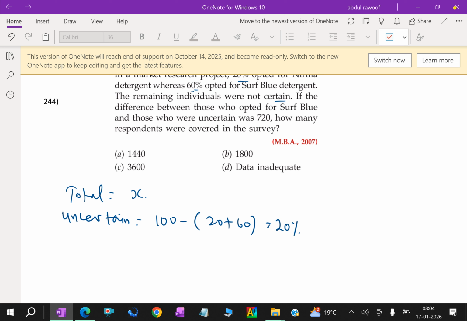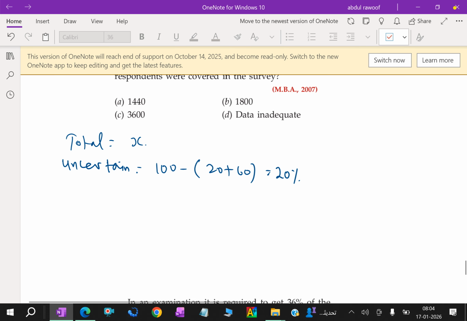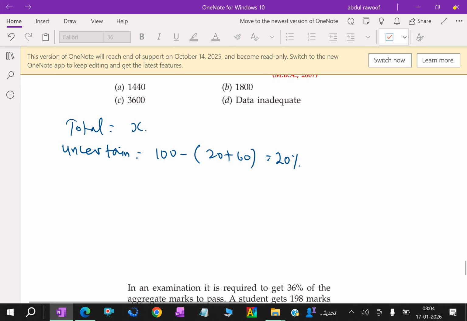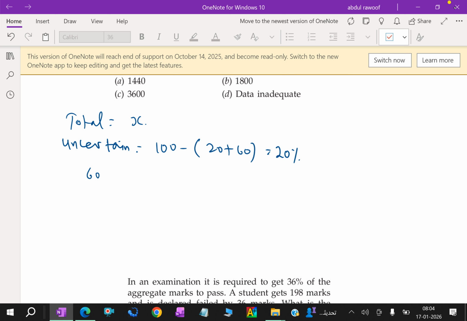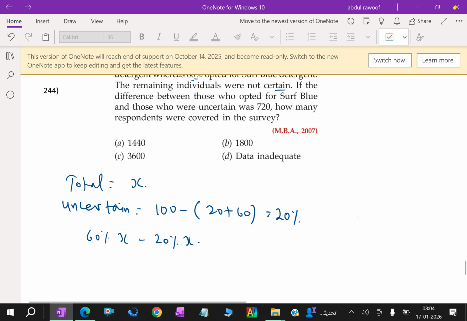Another condition: the difference between those who opted for Surf Blue and those who are uncertain is 720. Look at here. 60% of x minus 20% of x.